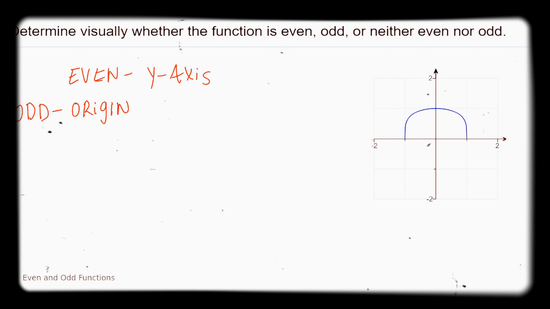So looking at this graph, if I fold it along the y-axis, it will come together as a perfect match. So if I fold it, it will come together as one.